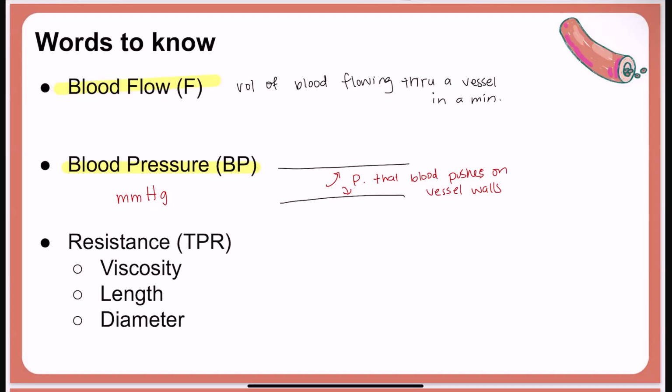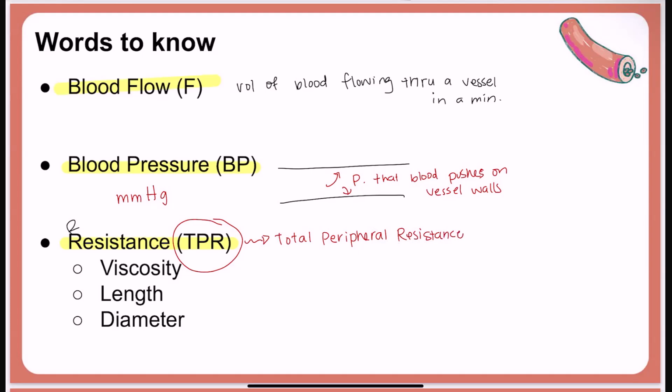And then the last new word is resistance. Resistance is sometimes abbreviated to R or to TPR. TPR, so we sometimes call resistance total peripheral resistance.